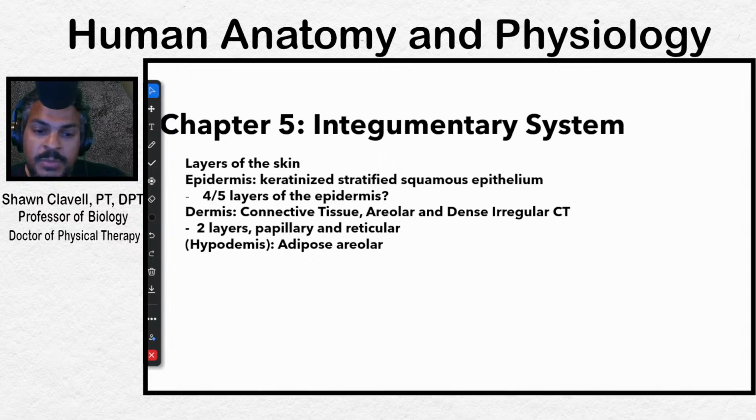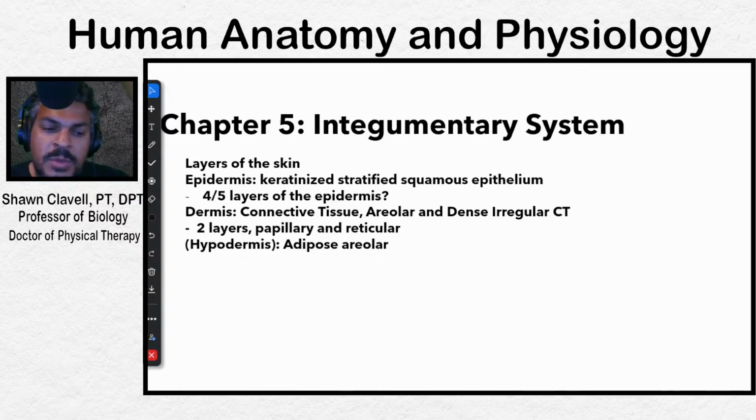And then deep below that, in between the dermis and the connective tissue below it, you have the hypodermis. And by the connective tissue, I mean the fascia, tendon, ligament, or whatever component might be associated below that adipose tissue or hypodermis. It's also referred to as the subcutaneous layer, right? Hypodermis or subcutaneous layer.